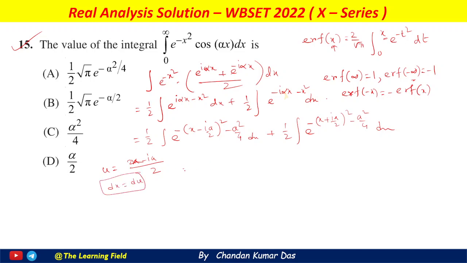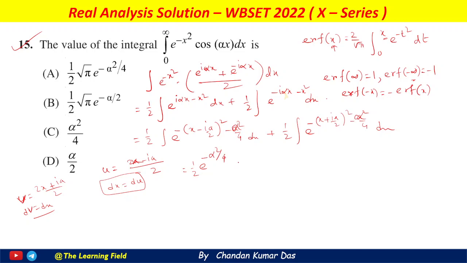And for the other case we put v equal to x plus iota alpha by 2, then dv is equal to dx. So u and v we put here for these two integrations. Then we get 1 by 2 exponential minus alpha square by 4.